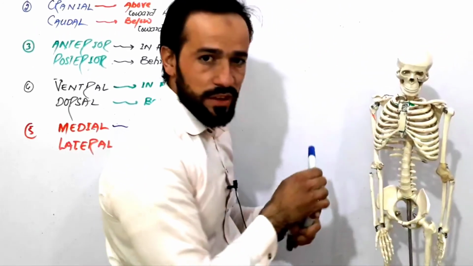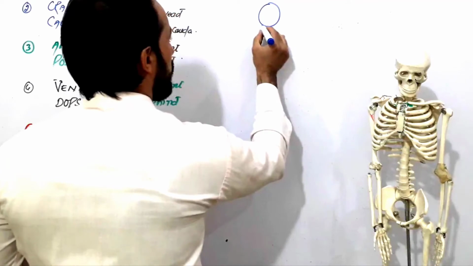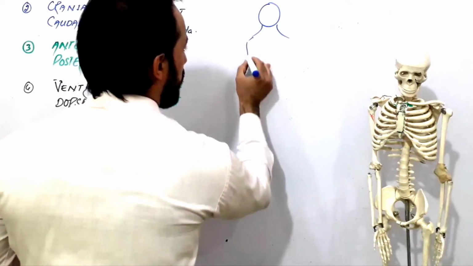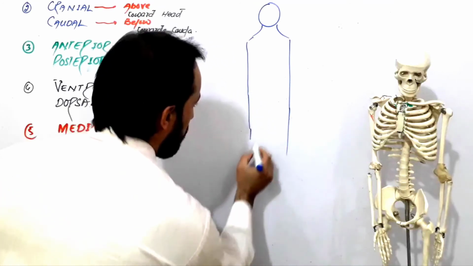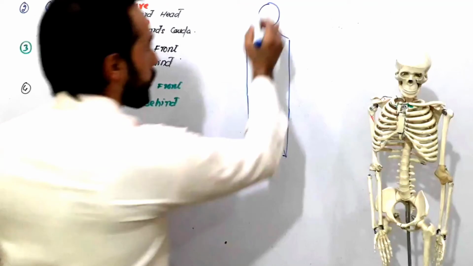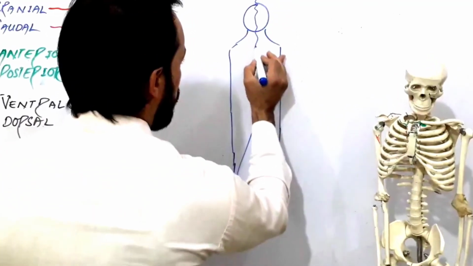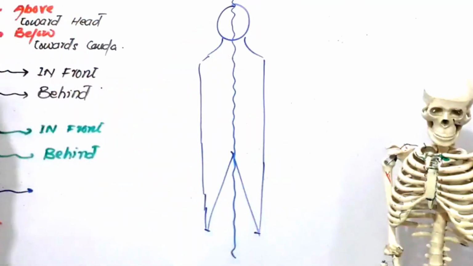The mid-sagittal section. Let me draw a diagram here. This is a person, right? A very simple person wearing a very long coat, right? So this is the midline of the body. Clear, friends? This is the mid-sagittal plane.